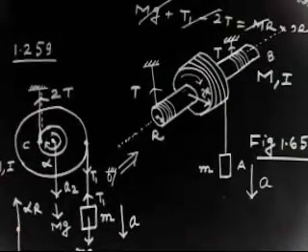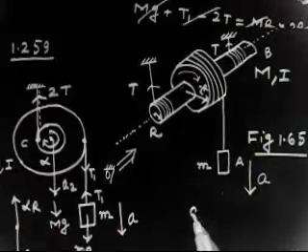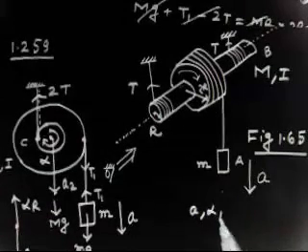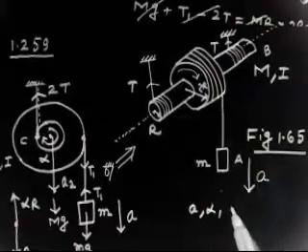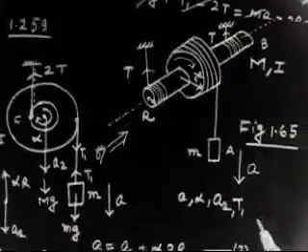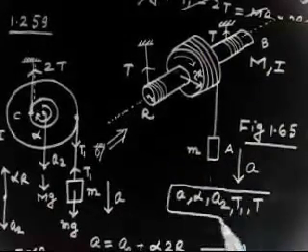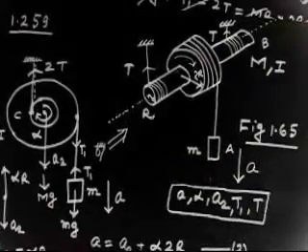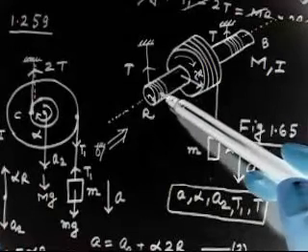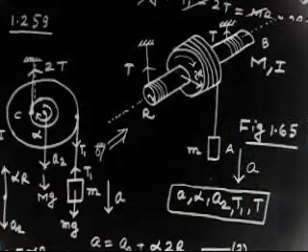Initially, even without doing any step, you can think this is coming down with acceleration a1, so I will have one unknown a1. This is rotating with angular acceleration alpha, so this is another unknown. The center of mass will come with some acceleration a2. Now tension in this is, let us say, t1, and the tension in this is t2. So how many unknowns do we have? I have 5 unknowns, so I need 5 equations. So 3 equations I know. One translational I can write for this, one translational I can write for this, one rotational I can write for this pulley. So 3 equations I know.